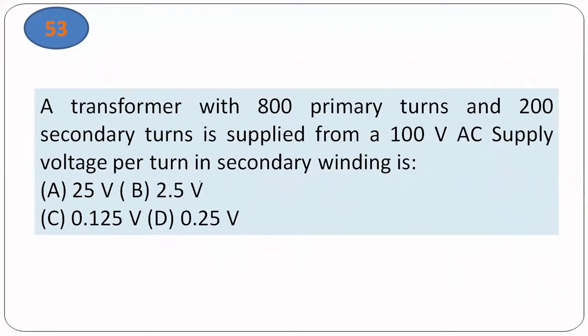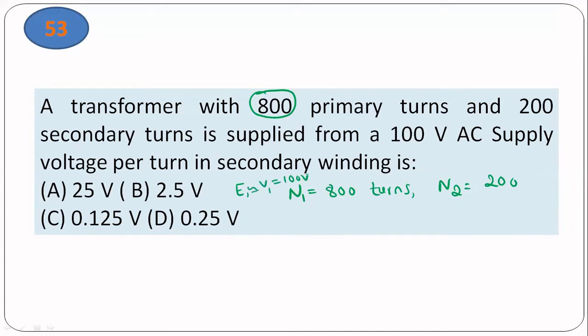A very similar kind of working out with ratios we have to do here, but now with respect to the concept of a transformer. It says that a transformer has 800 primary turns, that is N1 is equal to 800 turns, and N2 is equal to 200 turns, and it is supplied by 100 volts. So V1, which is 100 volts. Now we have to calculate V2.